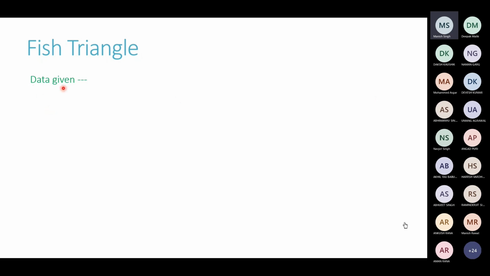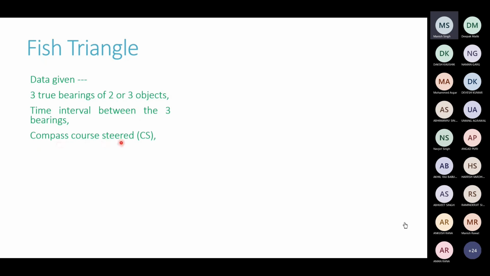Let me first show you what all data is provided in these types of questions. We are given three bearings of either two or three objects. The time interval between these three bearings is given to us. The observation times of all the three bearings are provided to us.